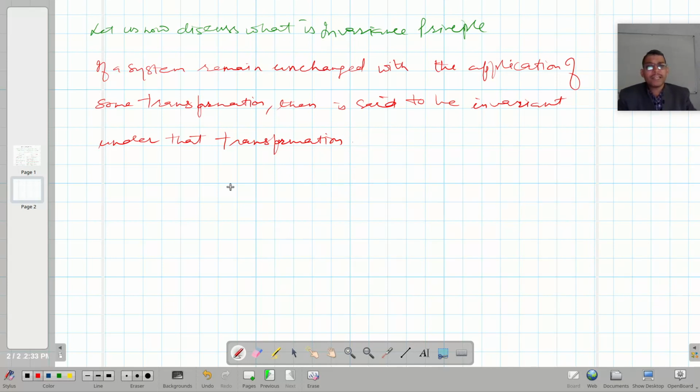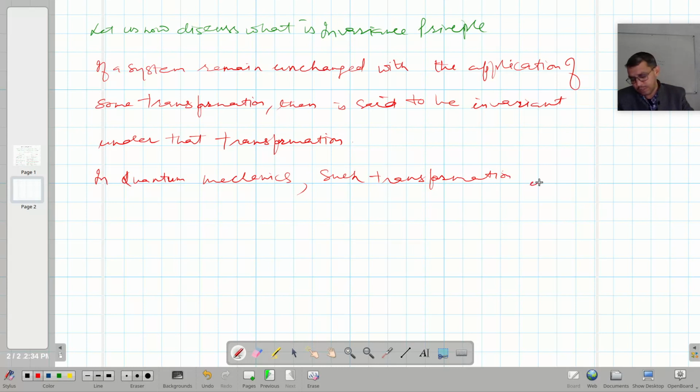In quantum mechanics, such a transformation is described by a unitary transformation.